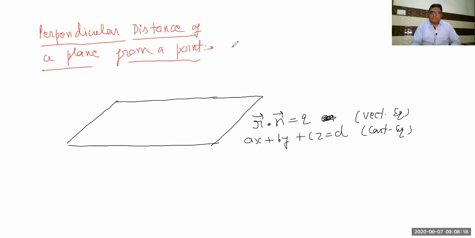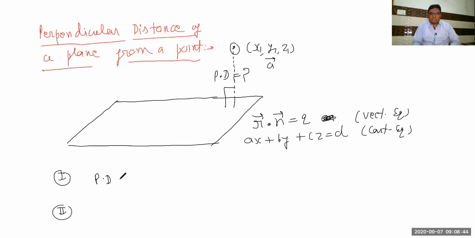We have a point here. Its coordinates are x1 y1 z1, and in vector form its value is a vector. From this point we are drawing a perpendicular to the plane and we are interested in finding this perpendicular distance. Then there are two formulas for this.